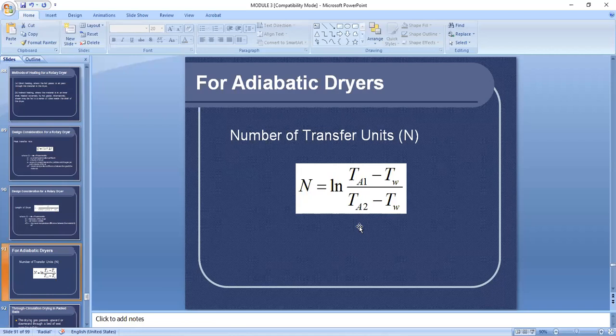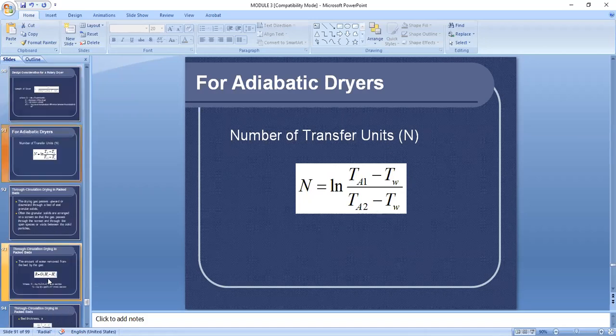Just make sure that you know the representation being used in your handbook, because that's the one you will be using. But nonetheless, here A is the air temperature, 1 and 2, inlet and outlet temperature. The T_W is the wet bulb temperature of the solids, the water that your solids contain. That is why it's T_W.